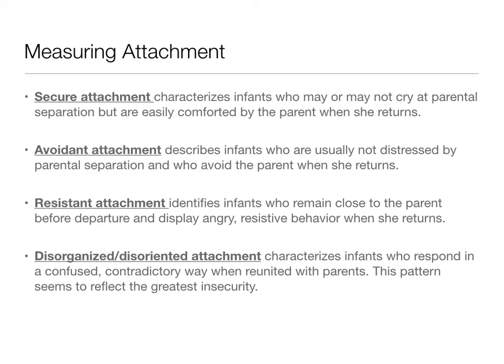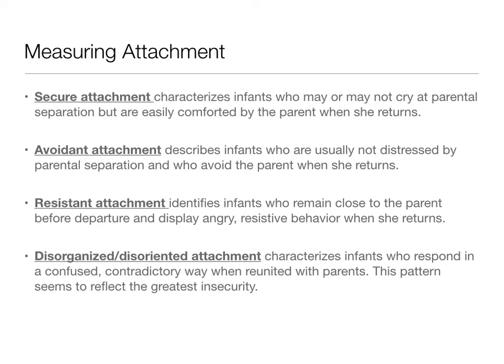And then the final one, as you would guess, is going to be disorganized. They really don't know what to expect. They aren't responding in typical patterns of behavior because they don't know what to expect from the parent. The parent probably has not been providing any kind of consistency in terms of their behavior.